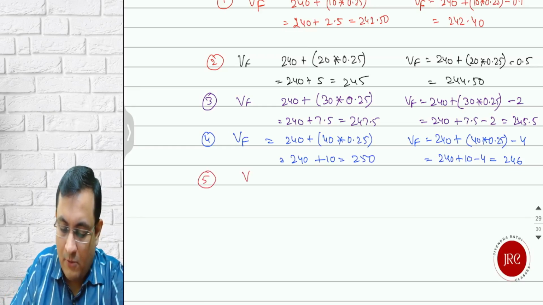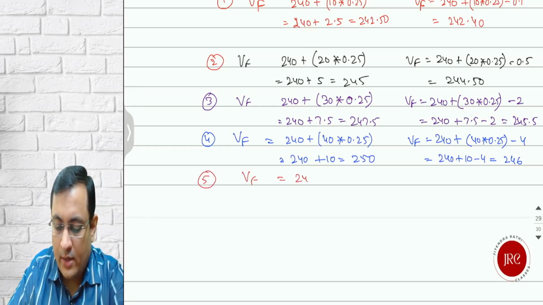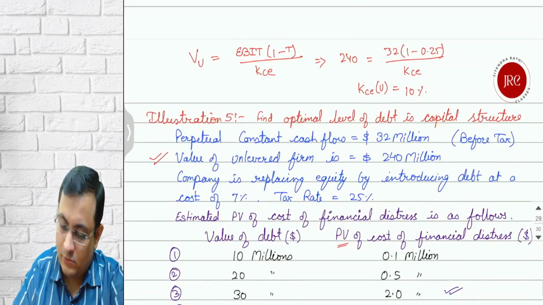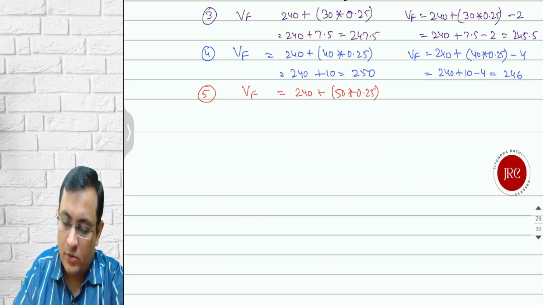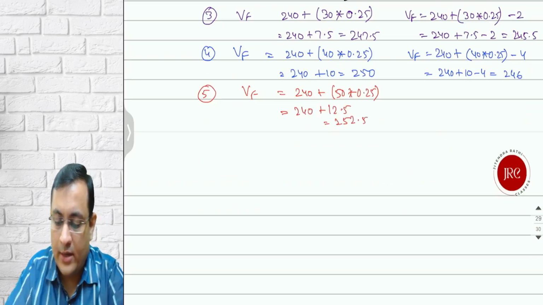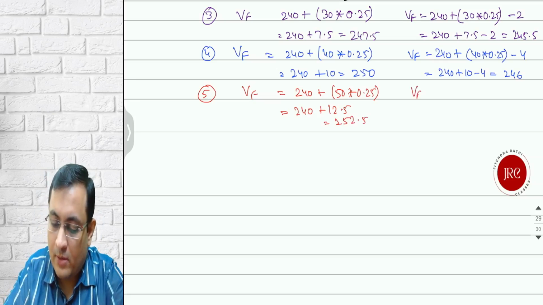Next is level 5, value of firm 240 plus 50 into 0.25, the tax rate. Tax rate is 0.25. So this is going to give 240 plus 12.5, 252.5, going up. Value of firm 240, 50 into 0.25.